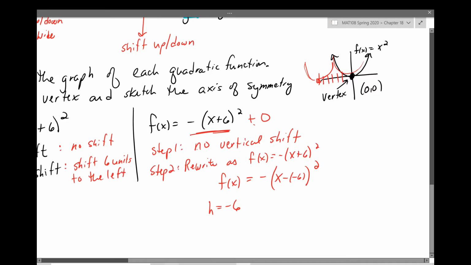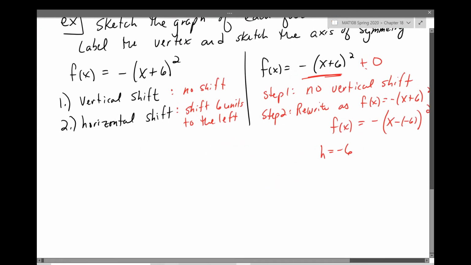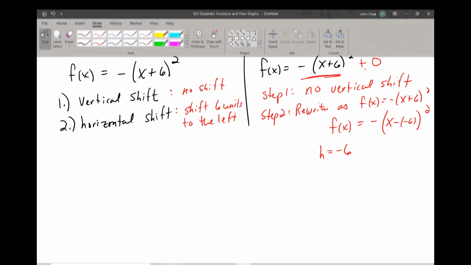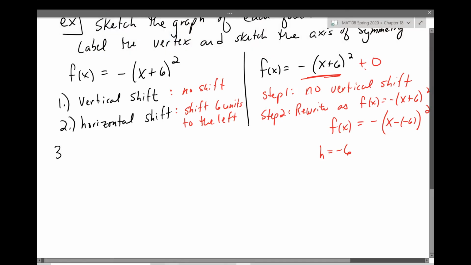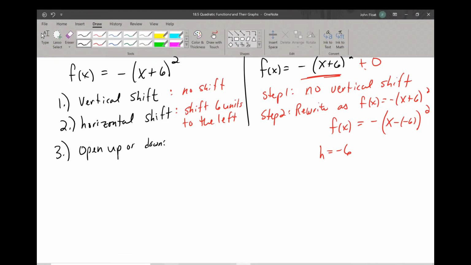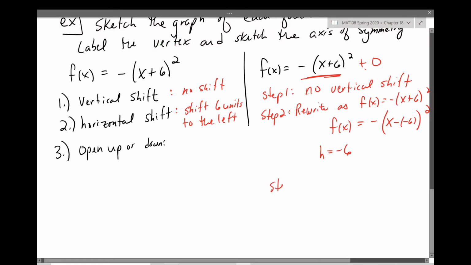Okay? All right. Now, step 3. Does this open up or down? Well, that's pretty easy to look at. So over here with step 3, a equals negative 1, because it's right here. That's the negative 1. So it opens down.